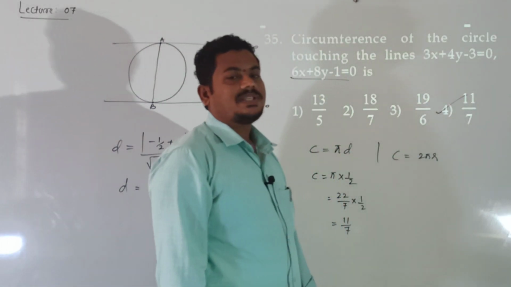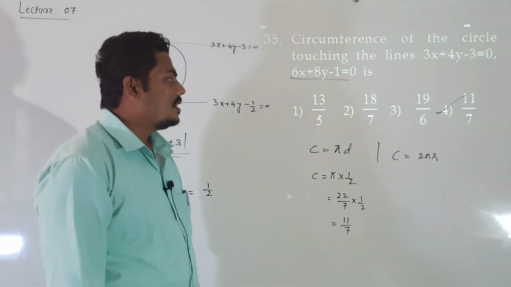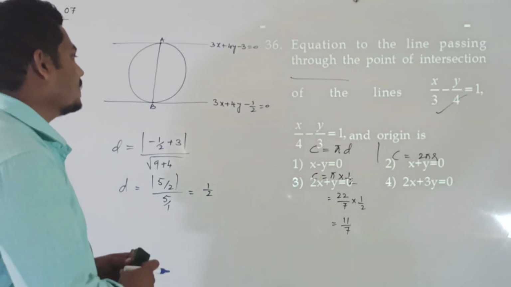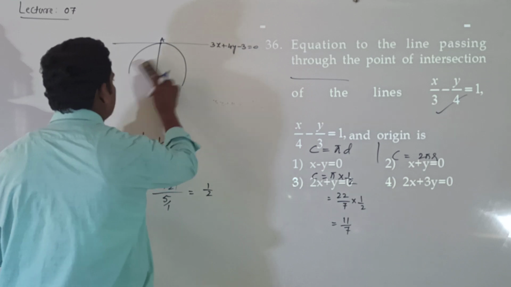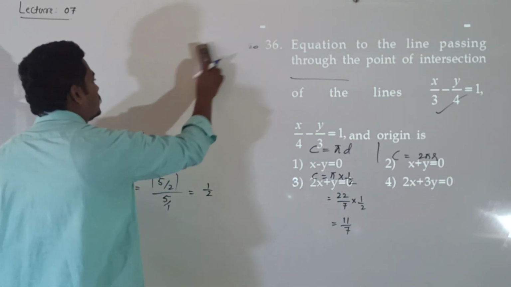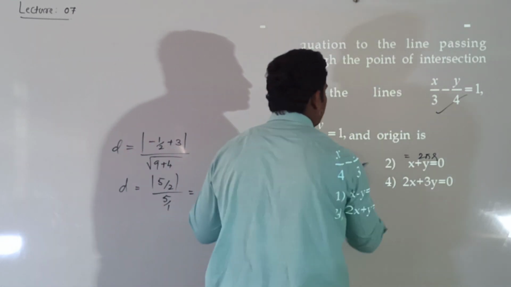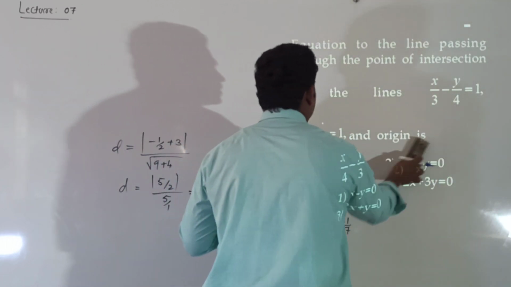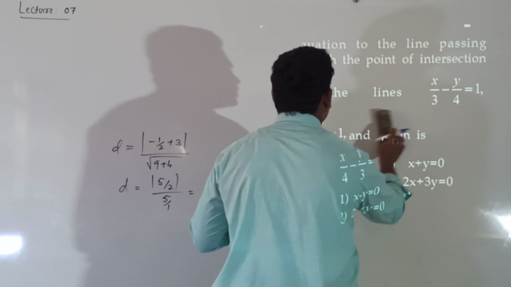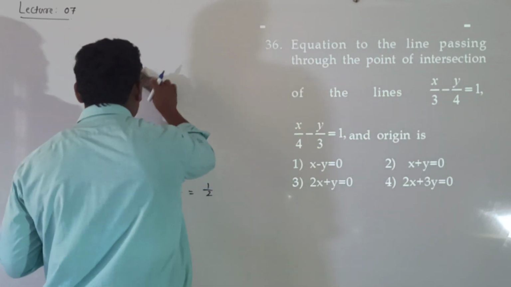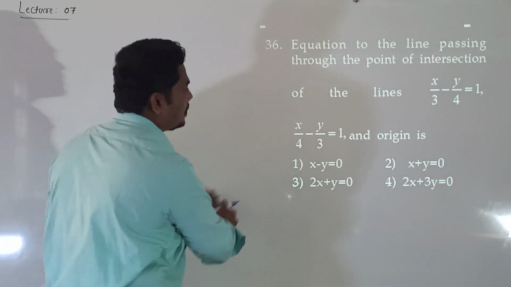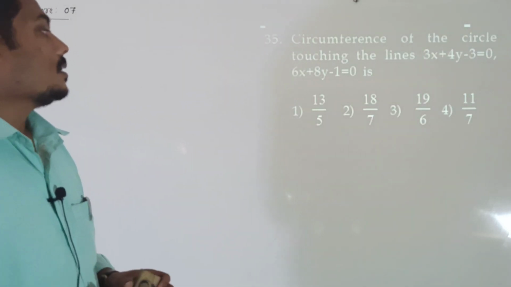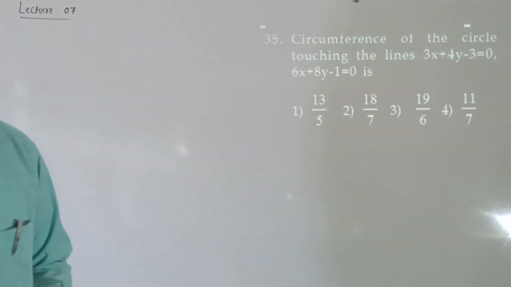Circumference of the circle which touches the given two lines is 11 divided by 7 units. Next question.